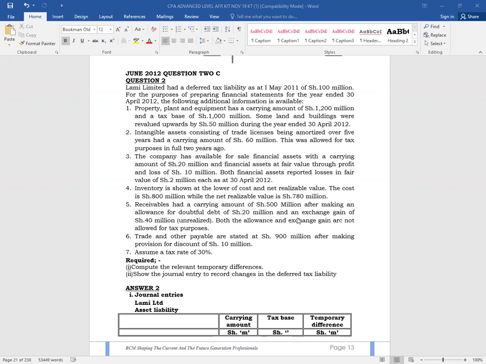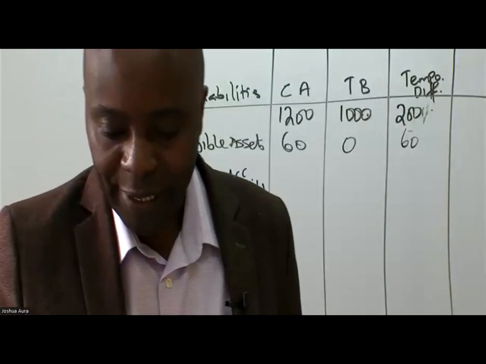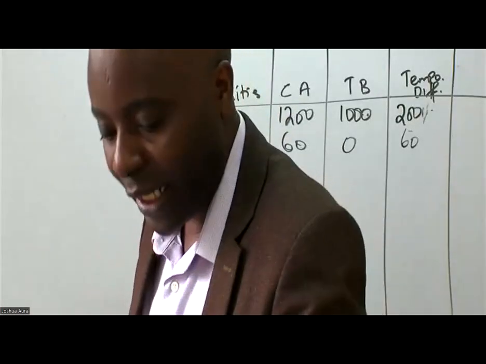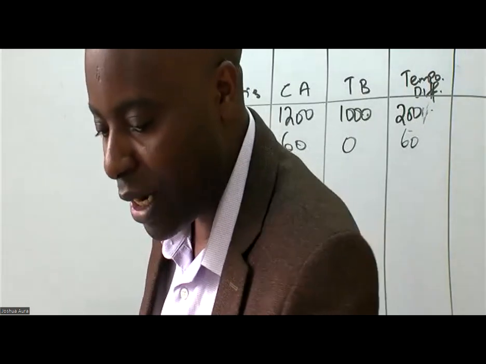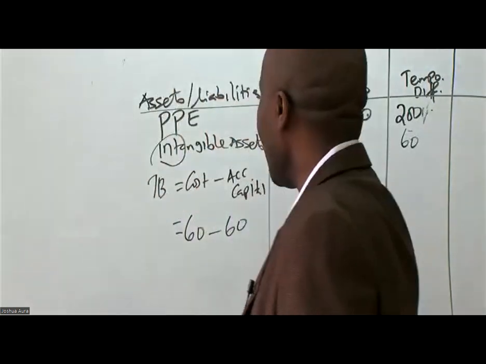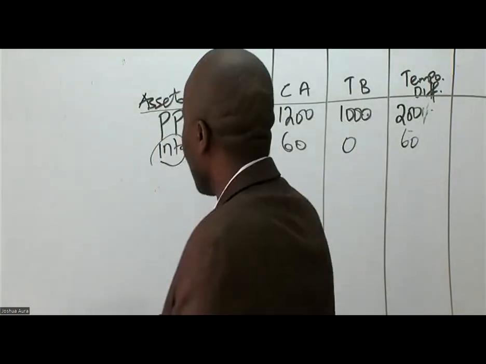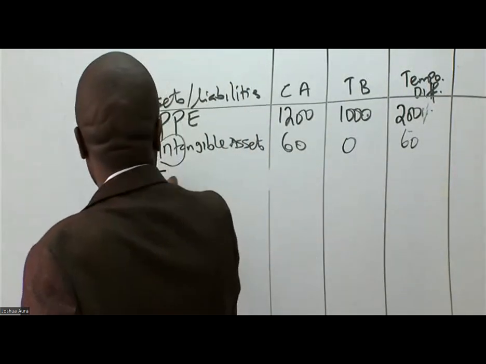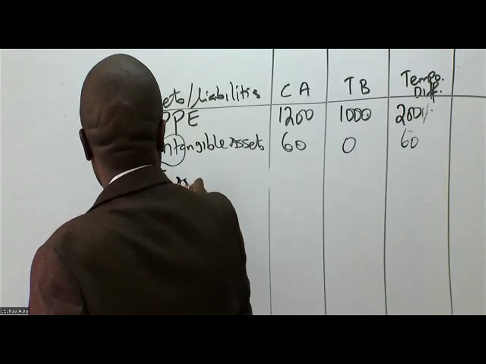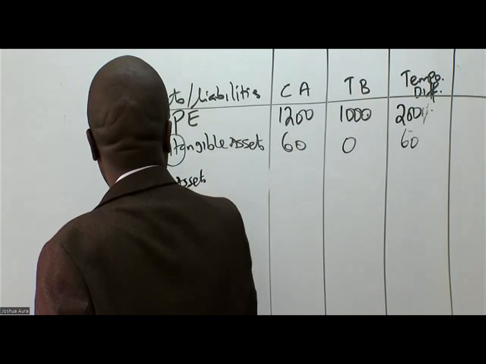So I can see 2 assets here. We have financial assets, 2 of them.